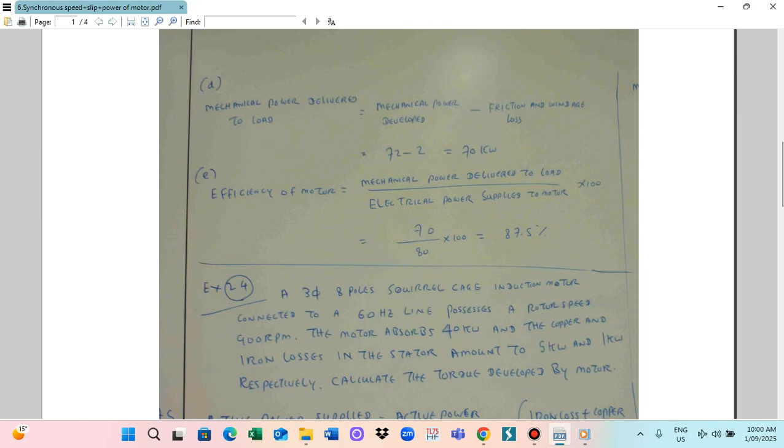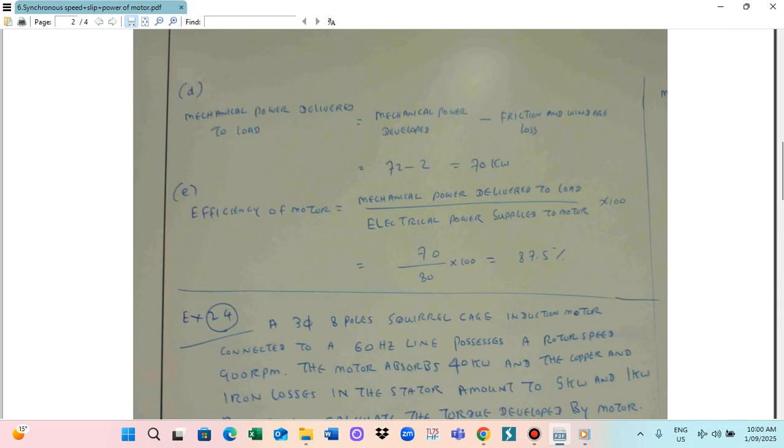The formula is mechanical power developed minus friction and windage loss. We substitute: 72 minus 2 equals 70 kilowatts.